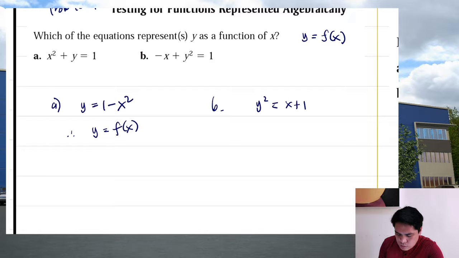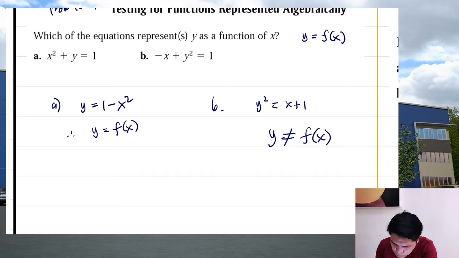Right? By the way, x cannot be less than negative 1, because that would make this value negative and we cannot extract the root anymore. But anyway, y is not a function of x in this particular example.